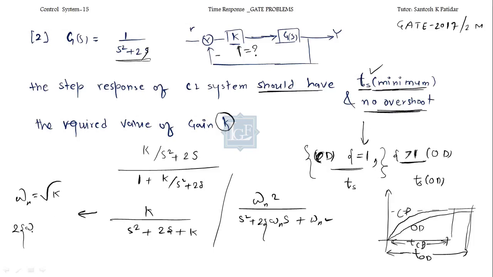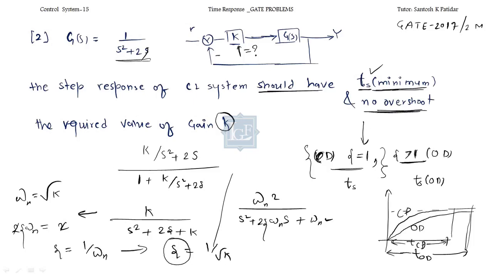Now 2 zeta omega n is equal to 2, this 2, correct? So this will cancel out. Zeta is nothing but 1 by omega n, and your omega n is nothing but under root k. So zeta equals 1 by root k.